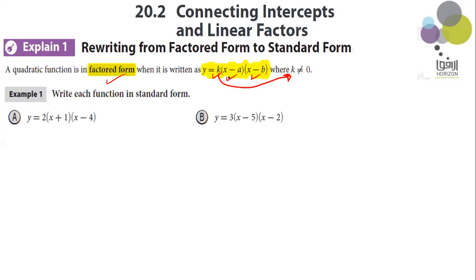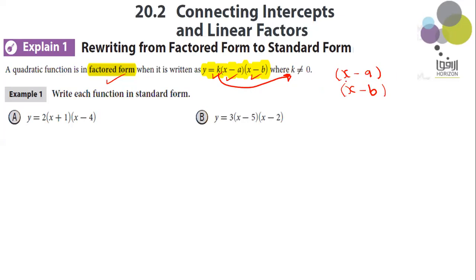We will focus on these two factors. X minus a, first factor, and x minus b, second factor. This k can be any number, can be 2, like in this case, can be 3, like in the second example. But the most important factors we have are x minus a and x minus b. And we name these two factors as linear factors.